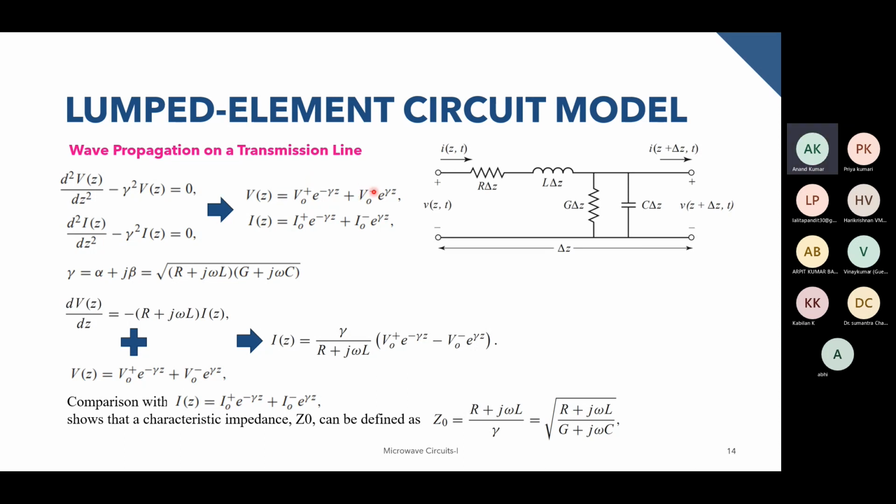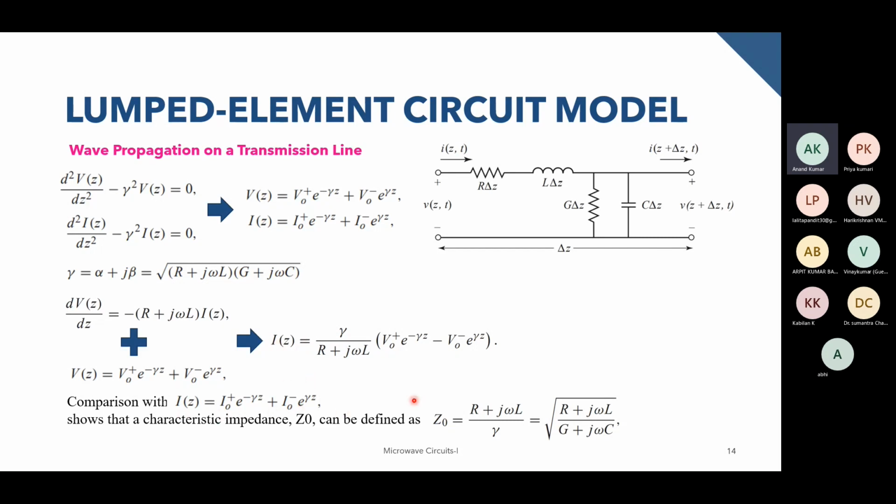So this is the solution, and using the telegrapher's equation for voltage and the solution for the voltage from the wave equation, we can write the expression for current, and then compare the two current expressions, one over here and one over here.